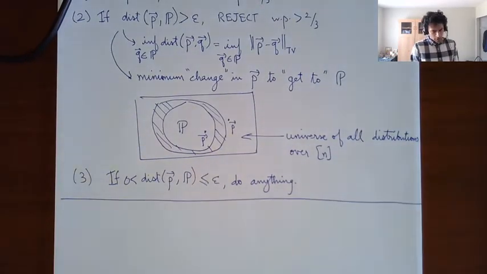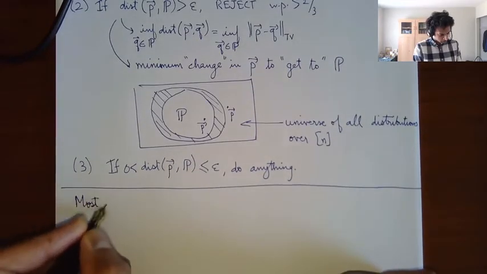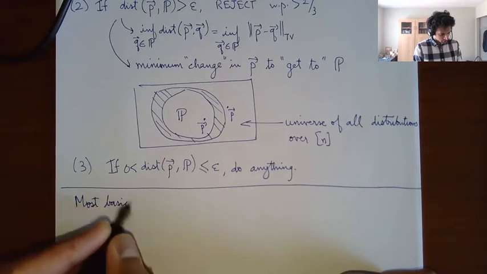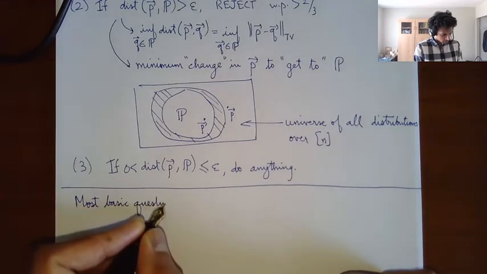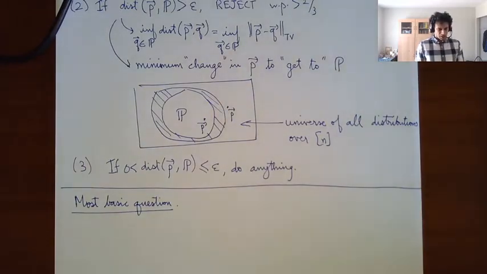Given this sort of overarching framework, technically, well, you wouldn't say subset of Rn, but it's a subset of distributions, which are sort of non-negative vectors in Rn whose sum is 1, whose L1 norm is 1, right?